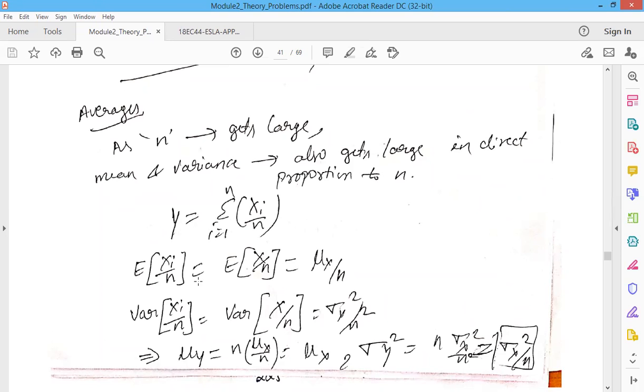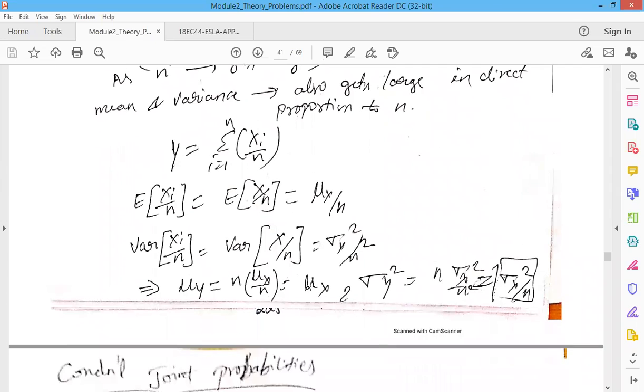It follows that the expectation of xi by n is equal to expectation of x by n, and the expectation of x is mu x, so mu x will be divided by n. As n is a constant, you can take it outside the expectation operator.